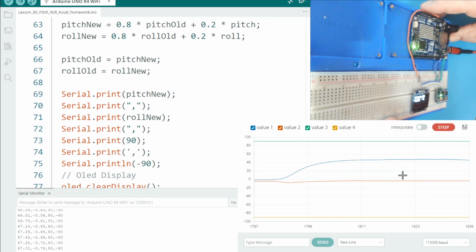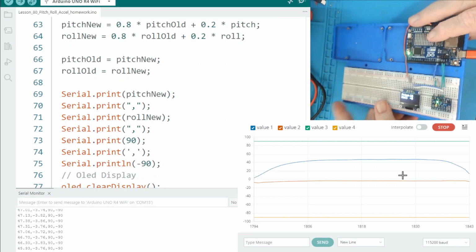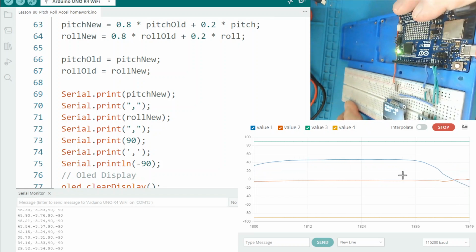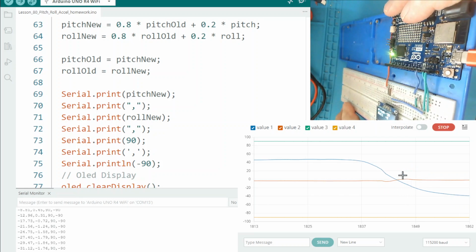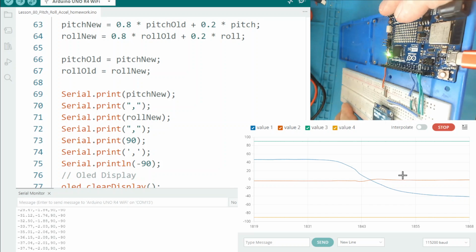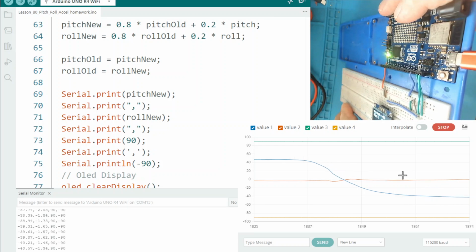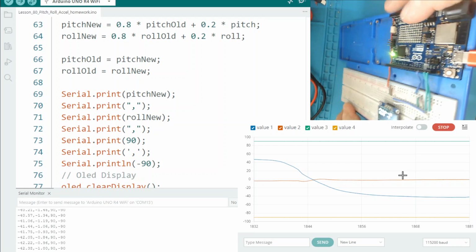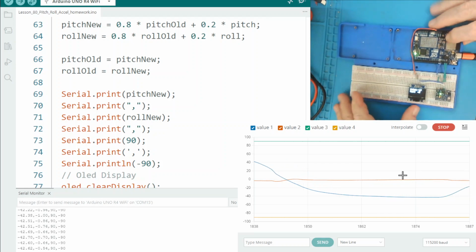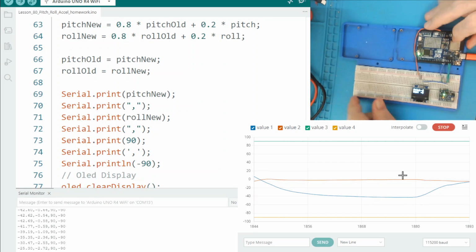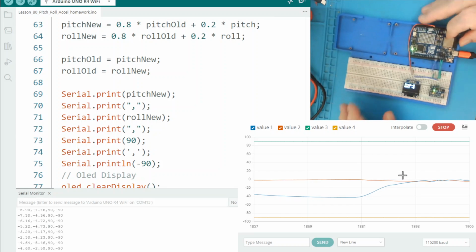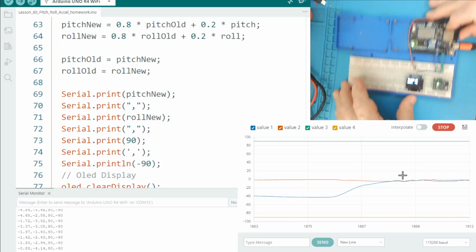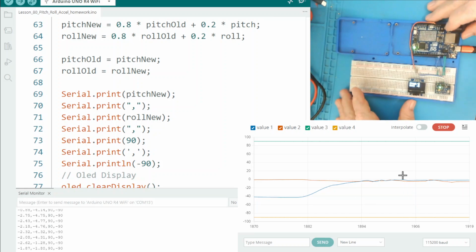And then if you go back down to minus 45 degrees, it also takes a little while to get there because of the low pass filter. Now, while that's happening, if I get a bunch of vibration in here, it's barely going to see it. If I go to the Y, you'll barely see it.